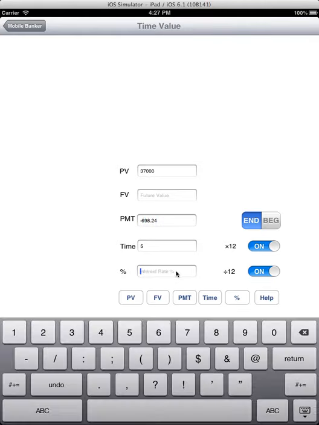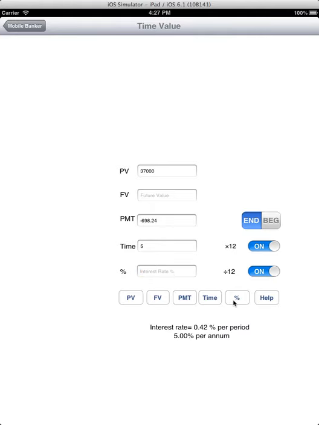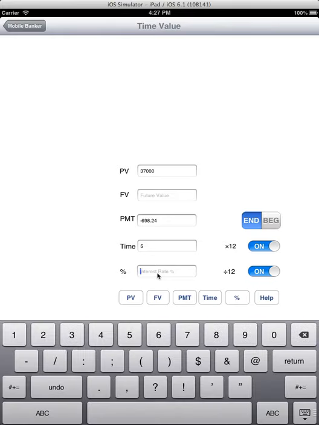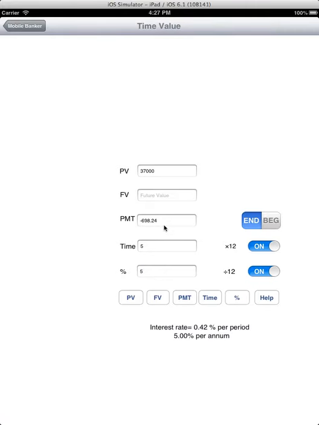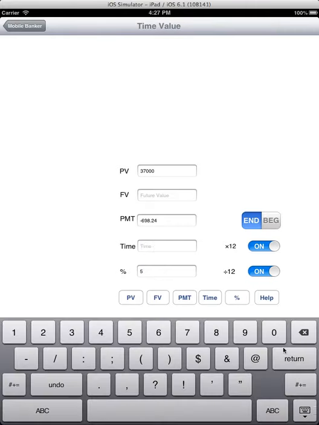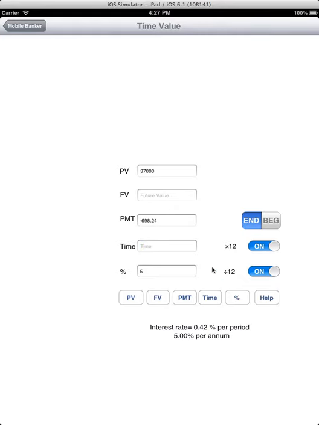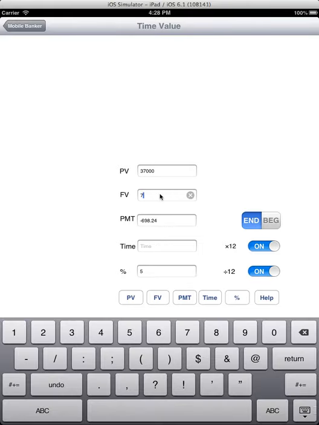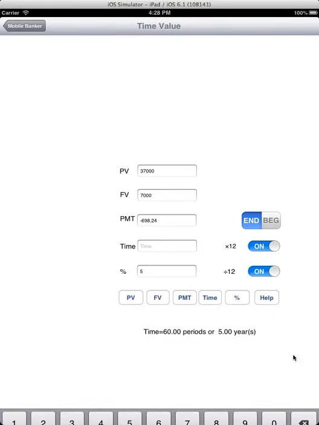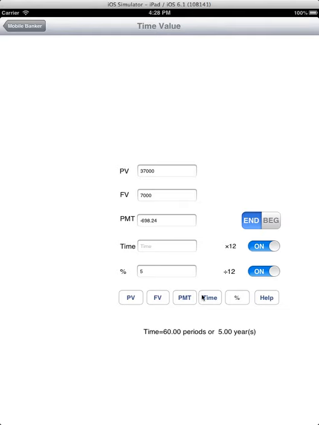In this case, we want to calculate the interest rate. So here is the interest rate. Now say we have the interest rate, we want to calculate the time. So this is the time. Okay, now let us consider the future value is 7,000. What is the time?